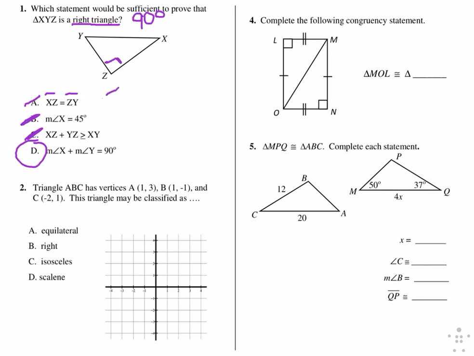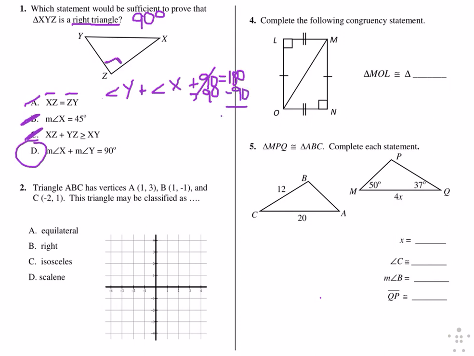Okay, so angle Y plus angle X plus 90 equals 180 degrees because the sum of the angles in a triangle has to add up to 180 degrees.